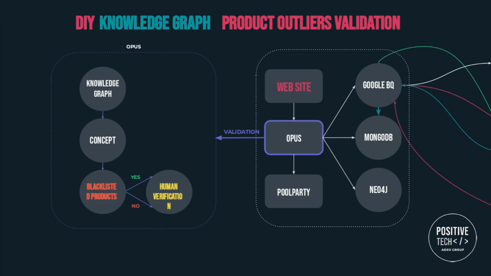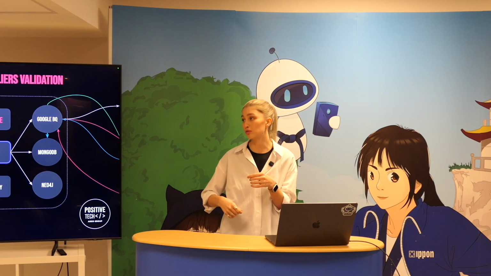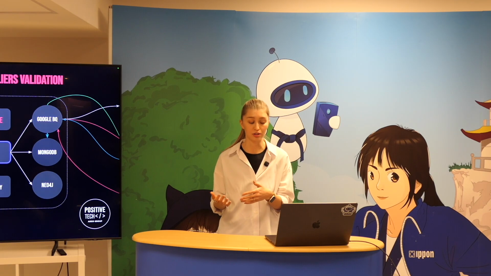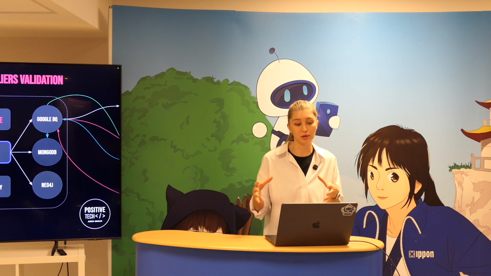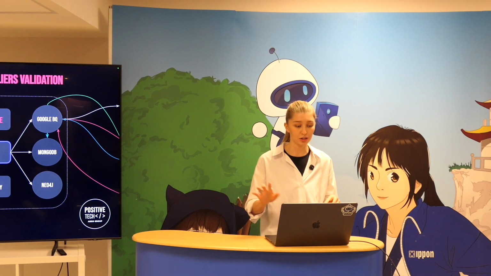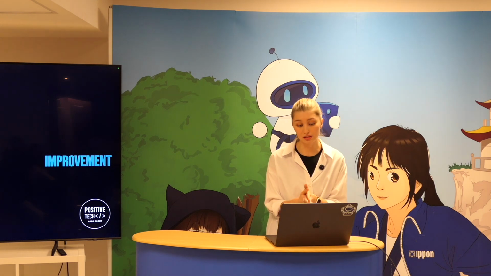Yes or no, according to the business specialist, they verify and approve or disapprove our suggestions. But with this process, we automated as much as possible all steps before just the verification by humans. And this is our improvement, in this case, outlier detection for the knowledge graph.